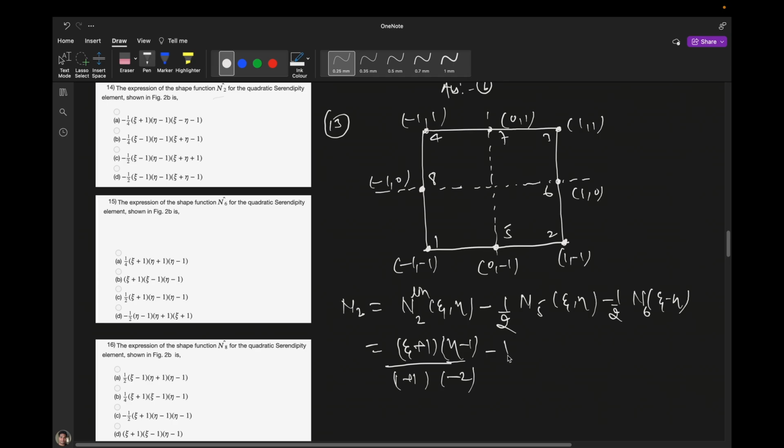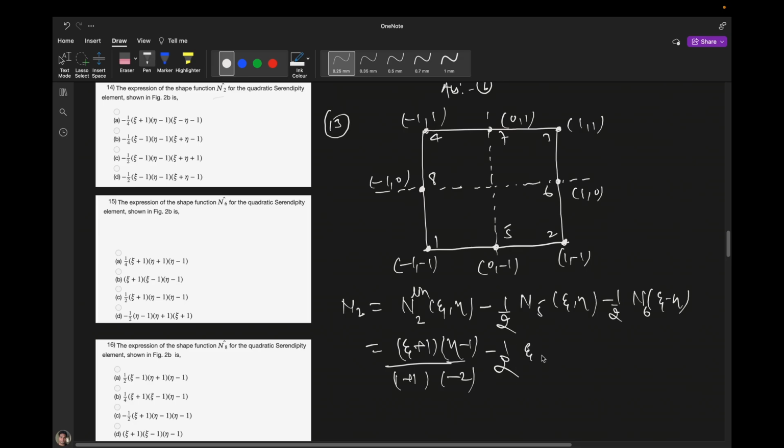Okay, and 1 by 2, and here we have to use the shape function at node 5, where n5 will be 0 at this node, and at this node. Okay, so what will be that?